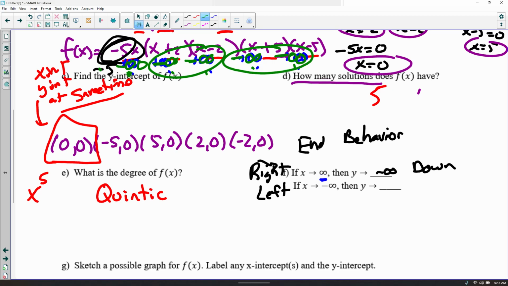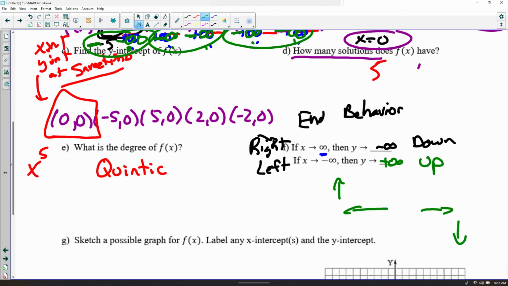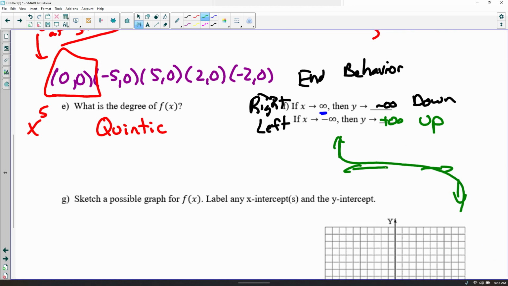But there is another negative out front, which now makes it a negative negative, which means that we're going towards a positive infinity, which means we're going up. So as we go left, we are going up. As we go right, we are going down. So you can see the path it's supposed to go that way.